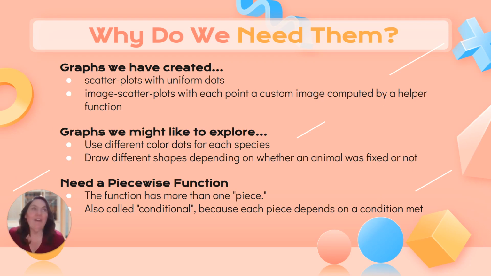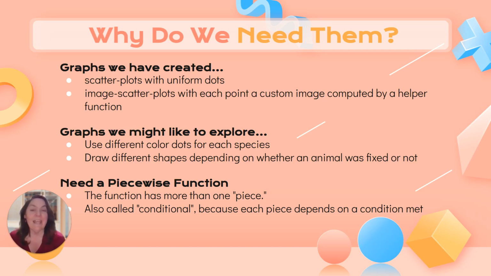Well, so far, the graphs we've created have been scatter plots with uniform dots on them, but then we added in an image scatter plot, and we were able to do those custom images with a dot, making that circle change based on the size of the age using a helper function, or putting in some text using the text function.